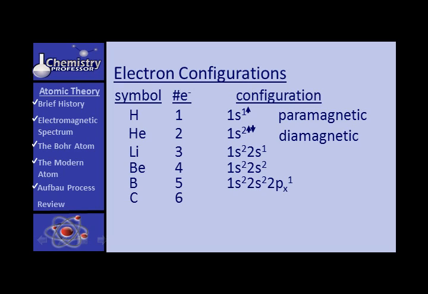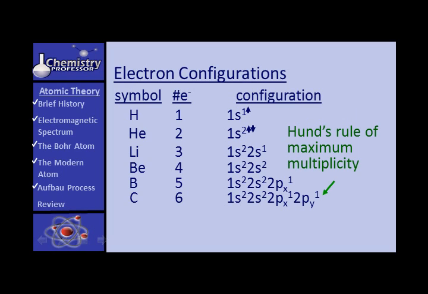Carbon, 6 electrons. Do you want to try it? Here, take a moment and try it. Did you get 1s2, 2s2, 2px with 1, and 2py with 1? This is an example of something that we call Hund's rule of maximum multiplicity.